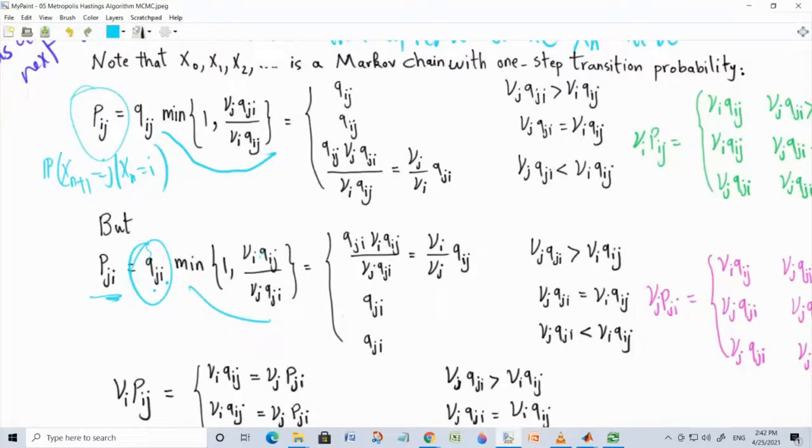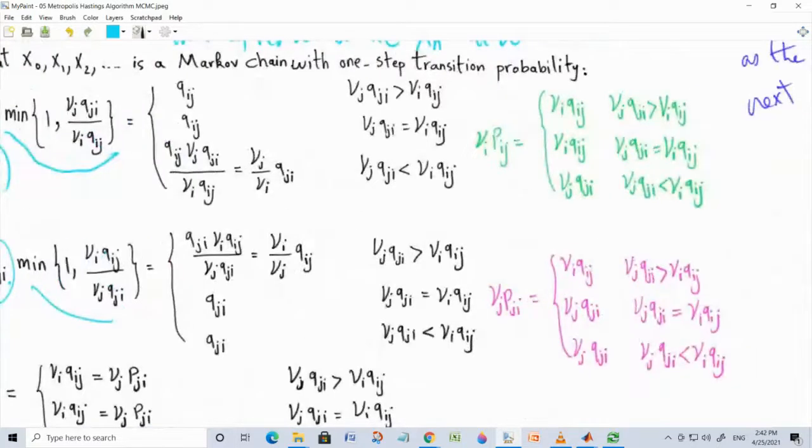Now there is something. What if you multiply P_ij by mu_i and you multiply B_ji by mu_j? So just do the multiplication. This will be multiplied by mu_i, and this one, if you multiply by mu_i, is gone, and you have mu_j Q_ji. Now take B_ji and multiply by mu_j. Again, this one will be multiplied by mu_j, so this will go away, and you are left with this one.